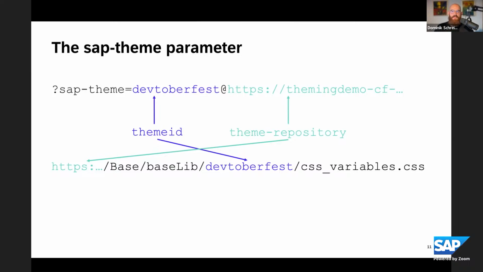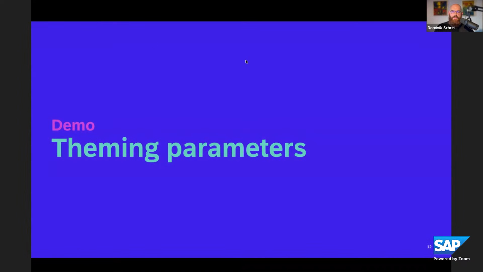And this is what we will be using in my demo to create our own HTML without any SAP UI framework, just parsing the SAP theme URL parameter and using those custom CSS properties and theming our own HTML with it.